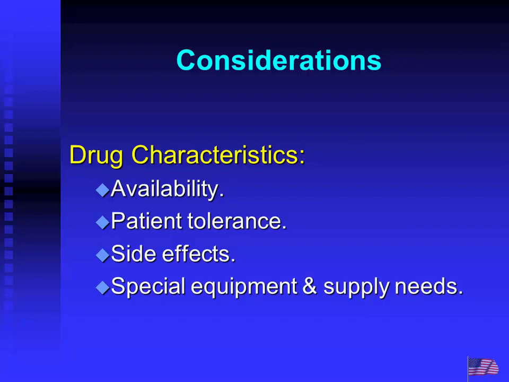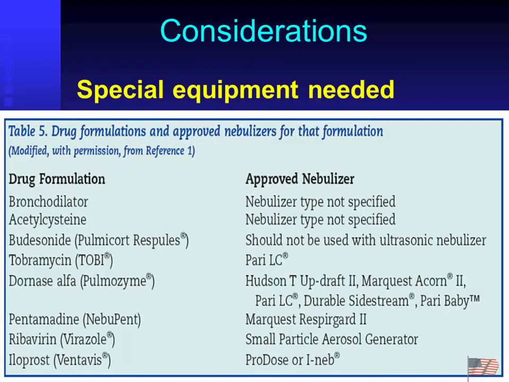And then certain drug characteristics. You've got to take into account whether or not a standard nebulizer will work, or do you need a special nebulizer like the Pari that is used for certain drugs. And again, you need to pay attention, because there are some where you have to use a Pari nebulizer. Dornase alpha can be used with a Pari also.